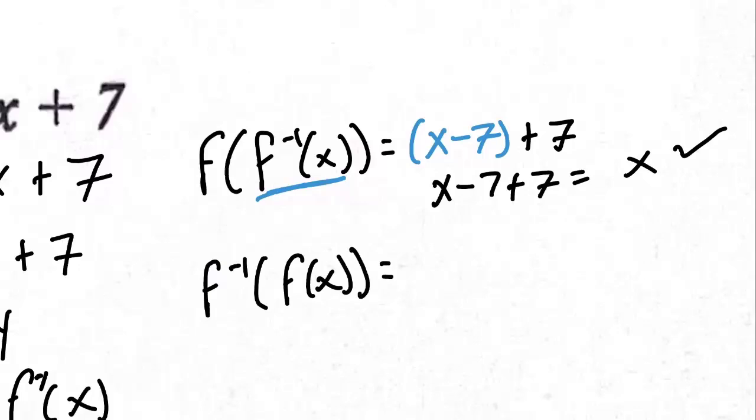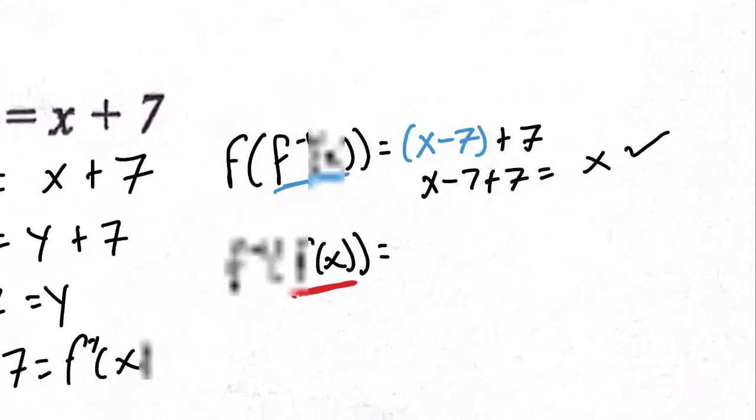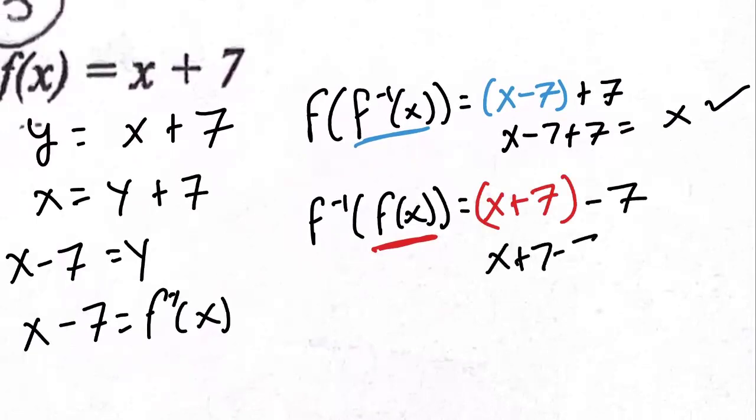So that means we're going to take our original function and plug it into my inverse function. So x plus 7 is my original function and I'm plugging it into my inverse function. Which when you simplify, x plus 7 minus 7 just gives me x. So it is indeed true. Just verified it.